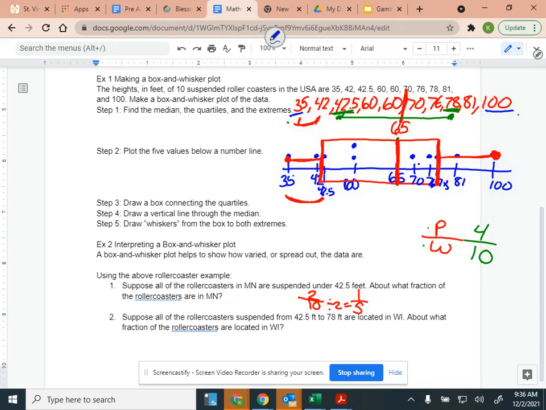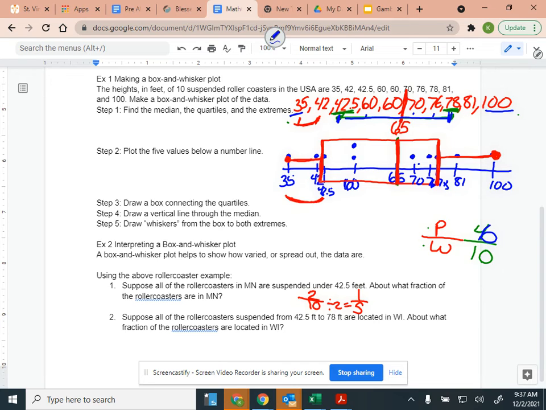But it's saying from 42.5 all the way to 78. So we're going to count the 42.5 and the 78. So it would be 1, 2, 3, 4, 5, 6. So I understand where you got the 4 from. But we have to be careful when we're reading these. If it says under, we don't include that top number. But if it says from this number to this number, we do include them. So it would be 6/10.